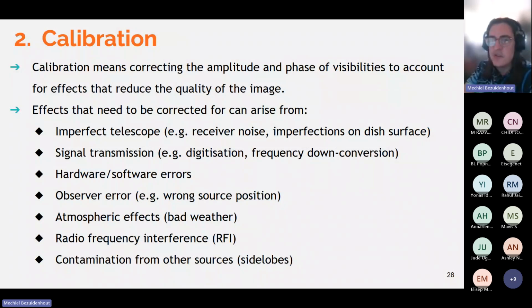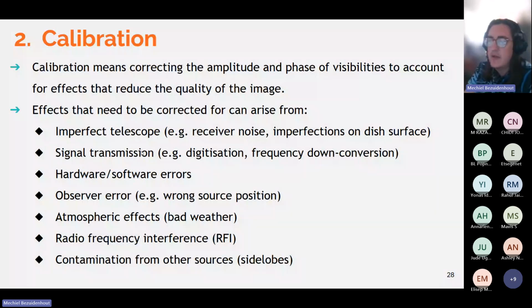For example, you have to digitize the signal, turn it from an analog signal to a digital one, and you have to do frequency down conversion, as I explained in, I think, the third or fourth lecture in the series. And each of those conversions can have errors associated with it that will be present in your image.